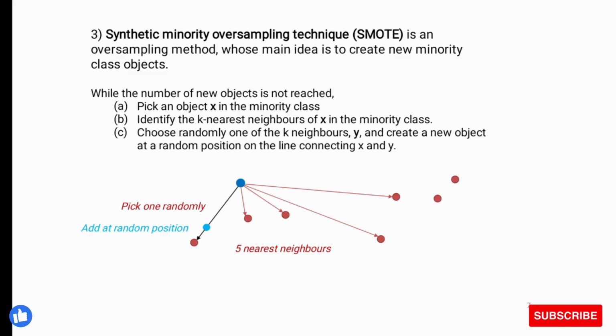So I now generate another new point halfway in between my new X and neighbour number 3. If I keep doing this, over and over again, have a look at all the dots that I've drawn.